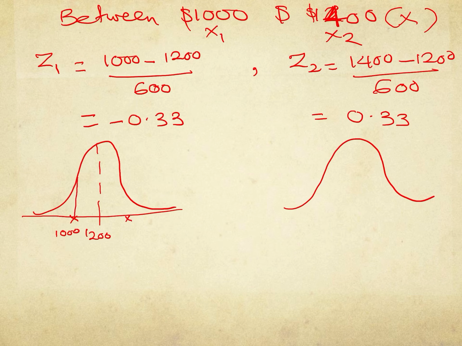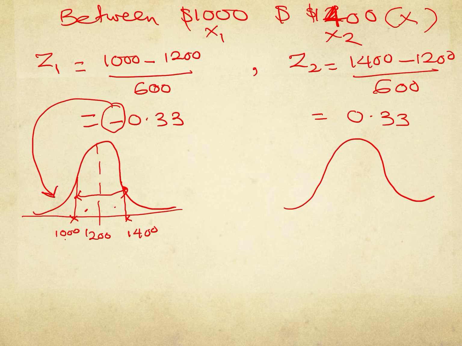So it means that the areas, when we're looking at between 1,000 and 1,400, we'll be looking at this entire area. So unlike what we did in the previous one, we'll be adding, because it's this area plus that area. And take note, we've said the only thing this negative implies is that it's on this side of the inflection. That's all it means.